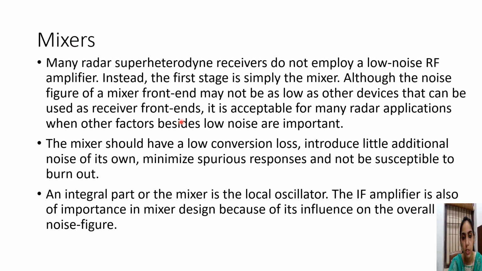Now the mixer is actually going to increase the noise figure. So the mixer should have certain desirable characteristics. That is, it should mix the local oscillator signal and the incoming signal. Now, an integral part of the mixer is its local oscillator, and as such, a mixer should have all these desirable qualities. It should also introduce little additional noise, minimize the spurious responses, and it should not be susceptible to burnout.